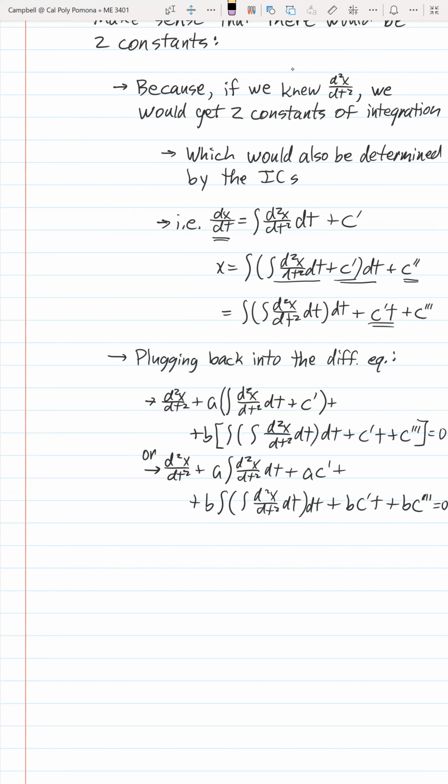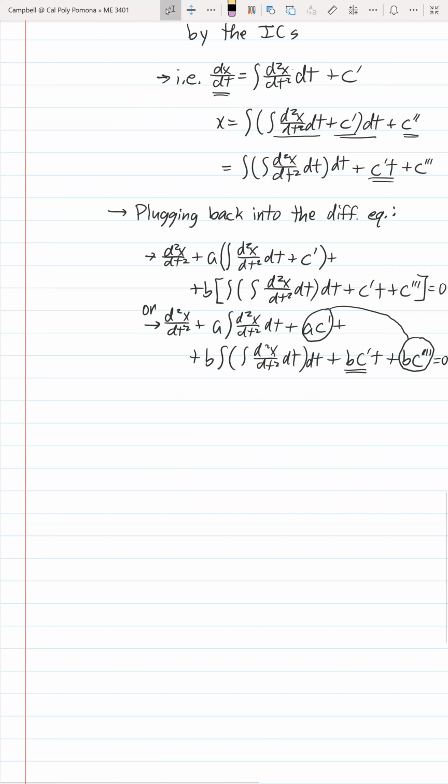But clearly, I can go ahead and combine these together, because these are just two constants added together, and that's just going to give me another constant. Here I have two constants multiplied together, so that's going to give me, again, another constant.